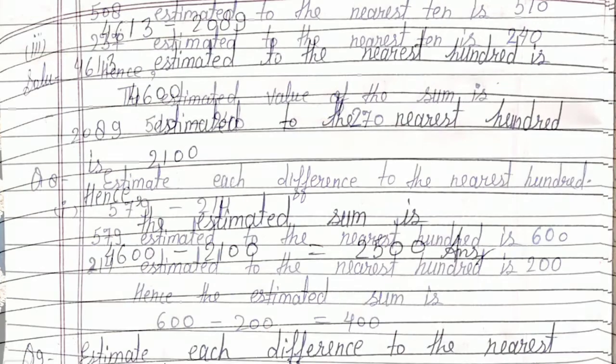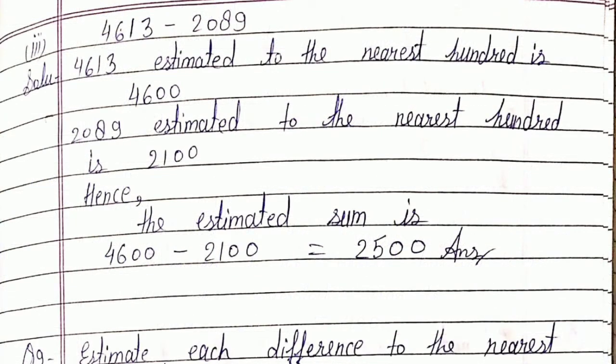Now we are moving to the next part. Part number 3. 4613 minus 2089. 4613 estimated to the nearest 100 is 4600, and 2089 estimated to the nearest 100 is 2100.